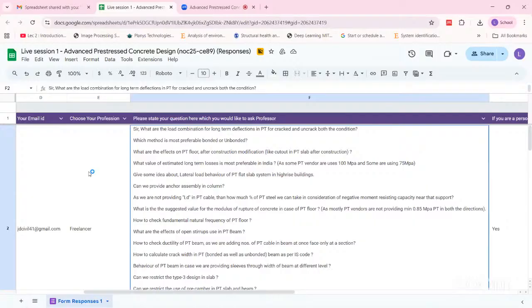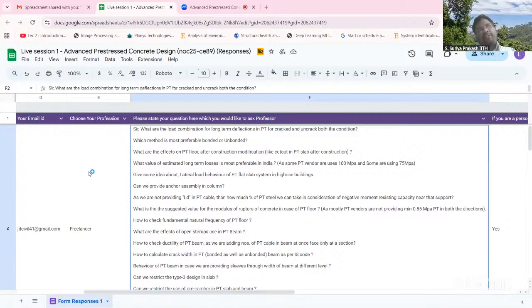So we are taking a different modulus of rupture. And if the deflection is within limit even without minimum pre-compression, it is okay for the economy of the plate system.